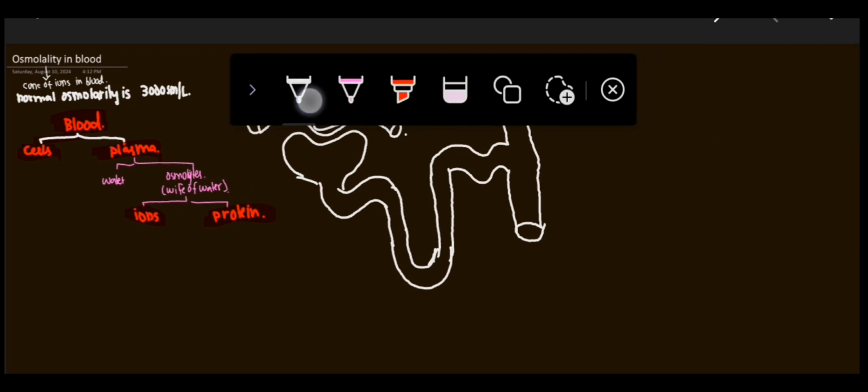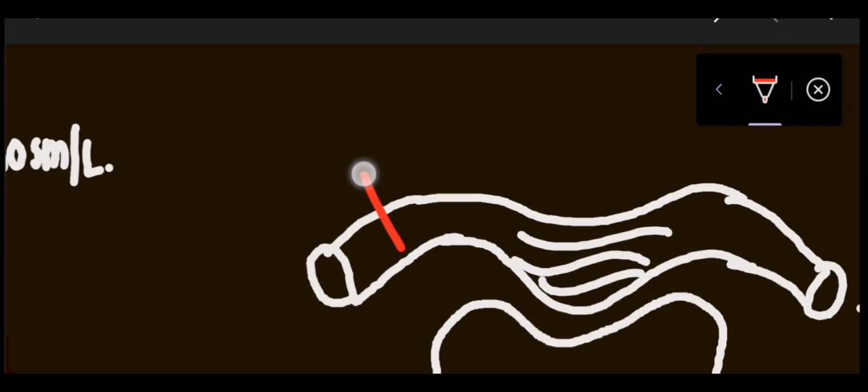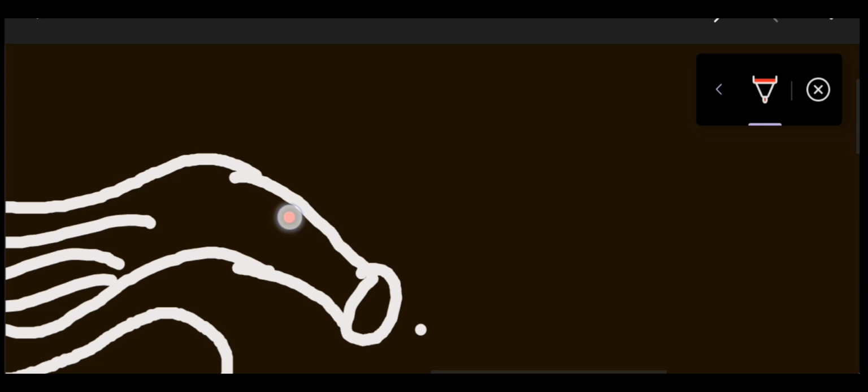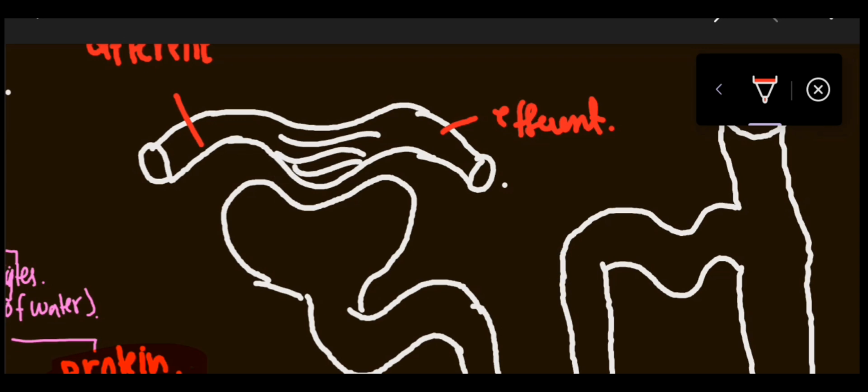Now we are talking about osmolarity, so kindly focus. We're gonna discuss the main topics in this video. This is the afferent arteriole and this is the efferent arteriole. As we know, the normal osmolarity of blood is 300.